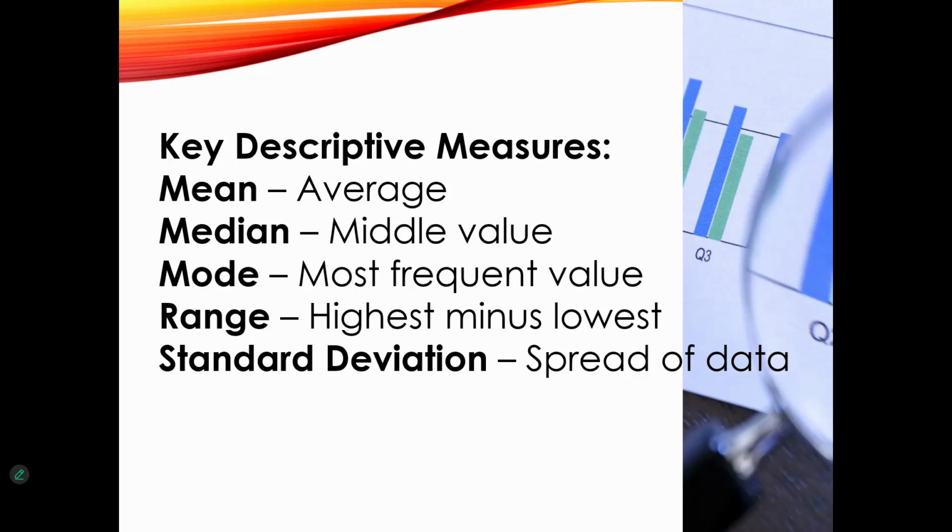For example, if you have data from 1 to 100, and you have values that repeatedly come up, for example, the number 74 frequently comes up, and it has the most frequent appearance in your data, so 74 is your mode.